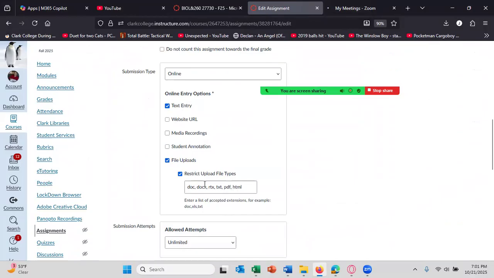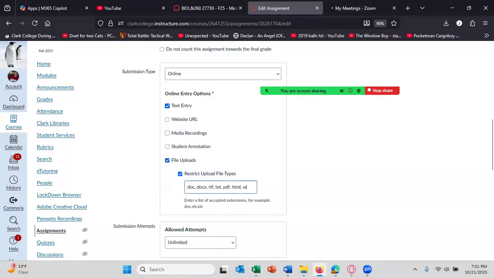Most word processors can save it as a rich text format. So if you don't have access to Microsoft Word, you can use RTF.